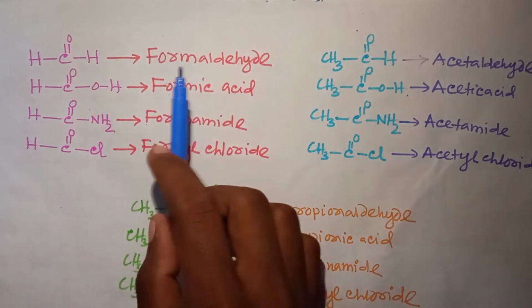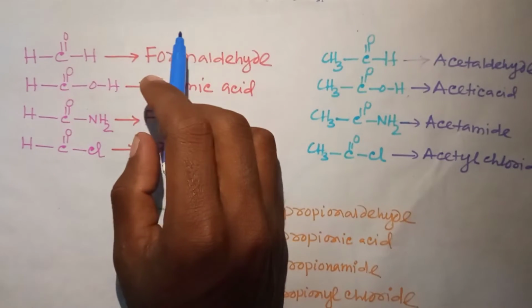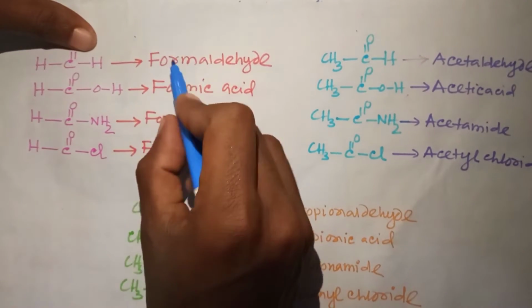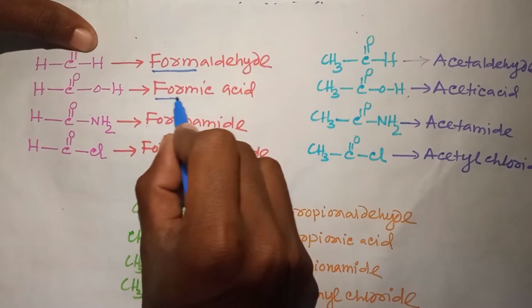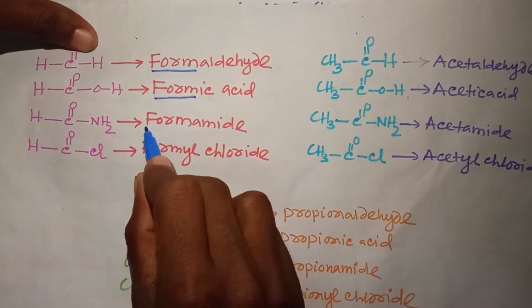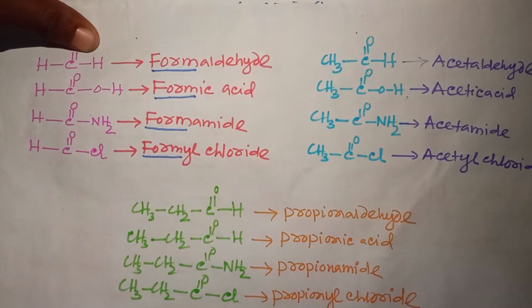One thing you can notice about these common names is that all of them contain the word form. Here it is also form, here it is also form, and it also contains the word form.